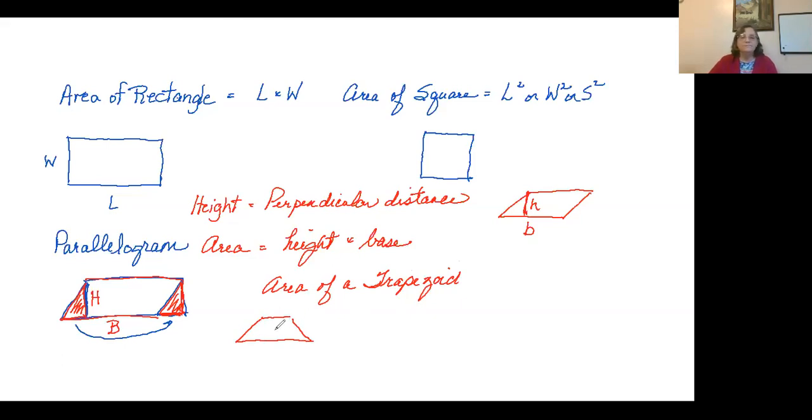Now, with a trapezoid, if I were to take this and duplicate it, take the exact same shape, flip it upside down this way, so that this side stayed attached to this side, but now I've got the long side down here, up here.